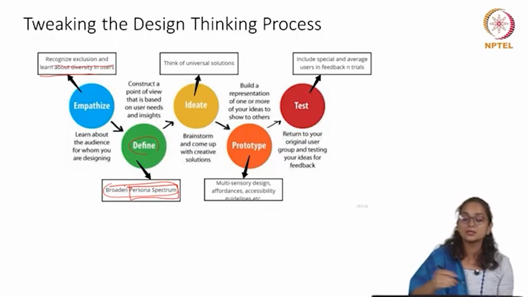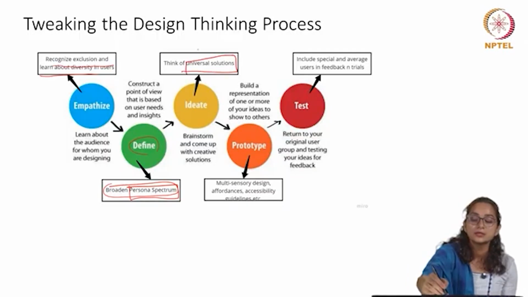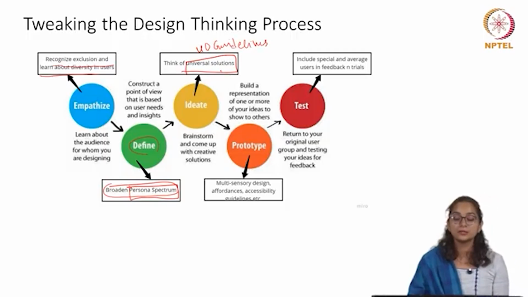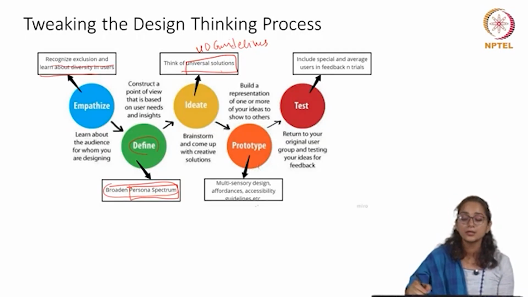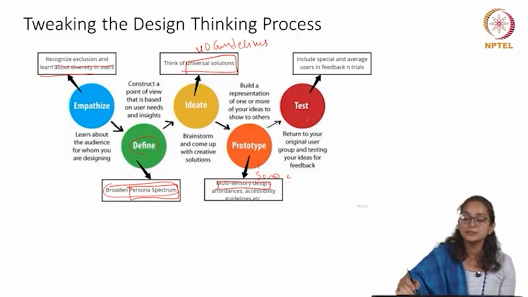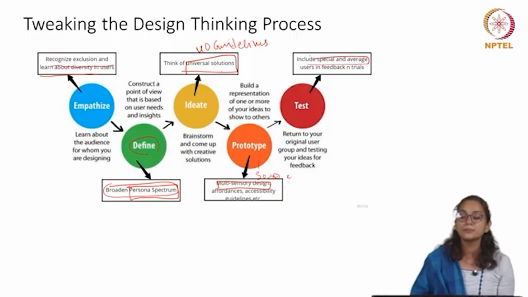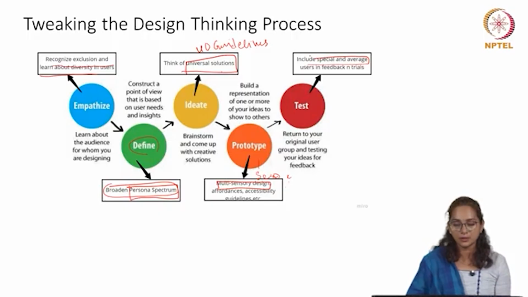In the ideate phase, we can think of universal design solutions; the universal design guidelines can be helpful in this. In prototype, we can utilize sensors and different kinds of hardware and software to come up with multi-sensory designs. And in the testing phase, we try to include special needs users and avoid excluding them from our user groups.